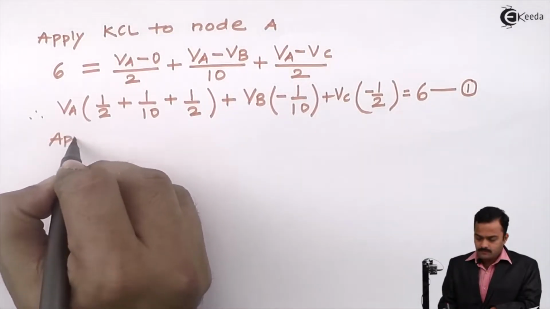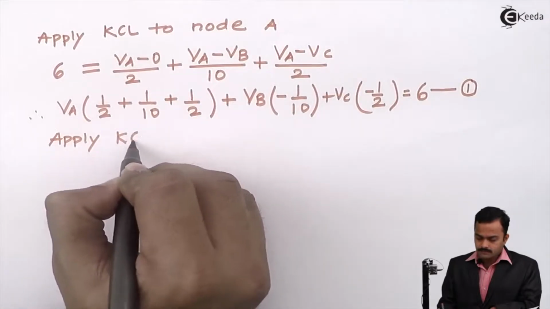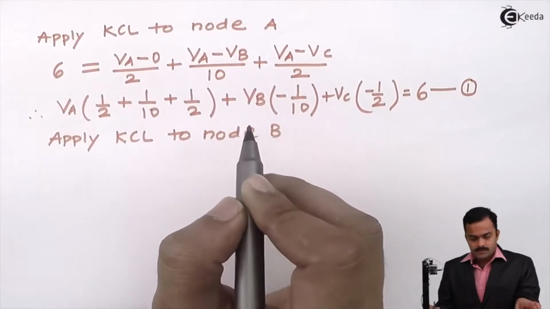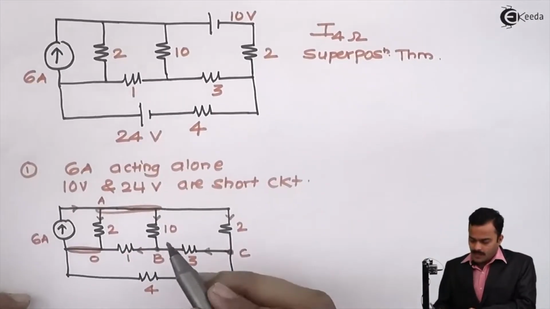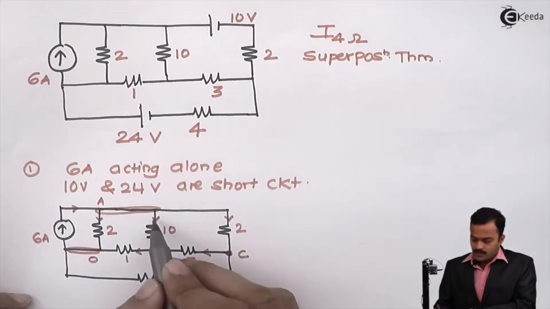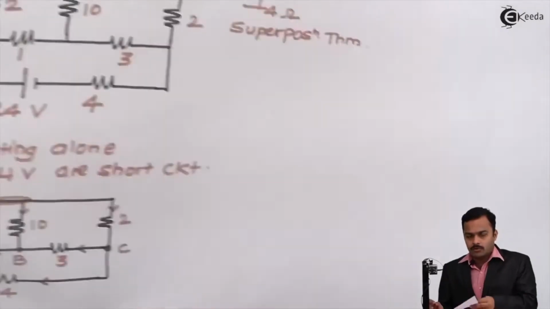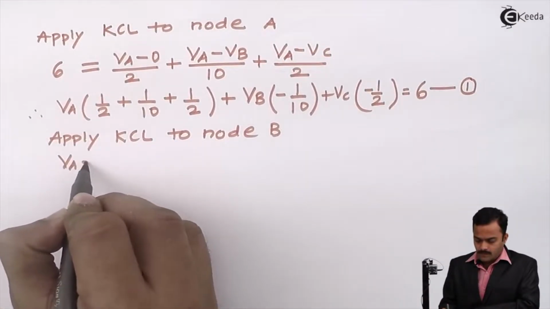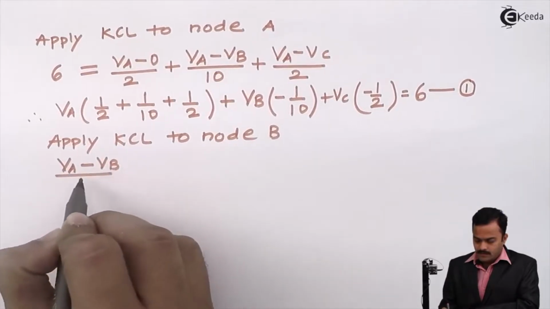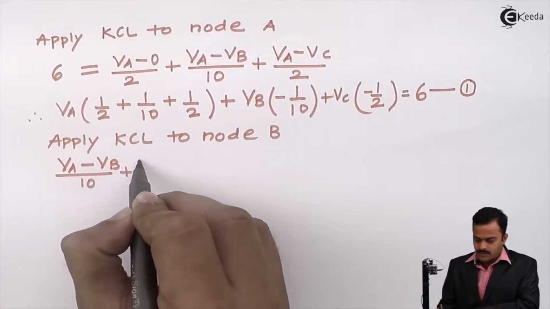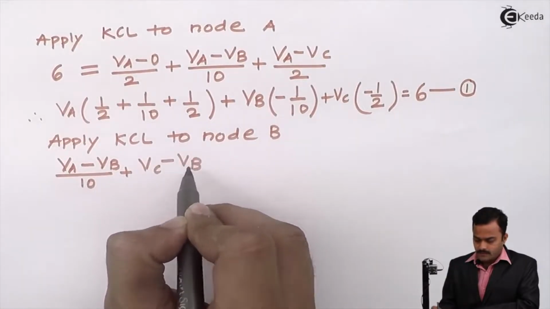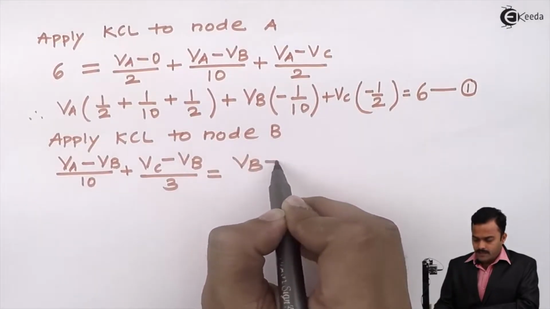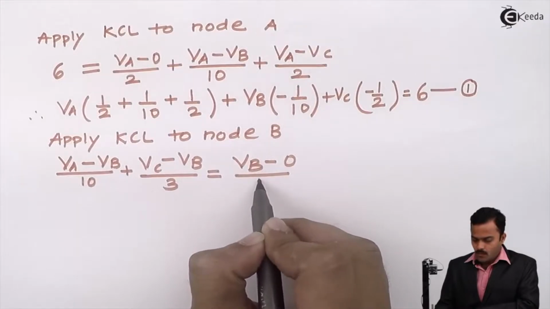Same way, let's apply KCL to node B. So at node B, I am having 3 branches, out of that 2 are incoming currents, 1 is outgoing current. So let's write equations for that. (VA minus VB)/10 plus (VC minus VB)/3 equal to (VB minus 0)/1.